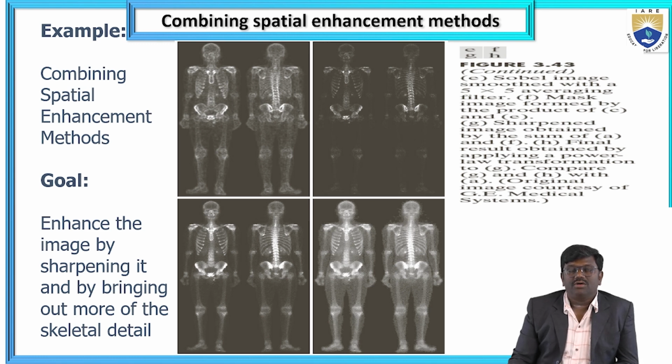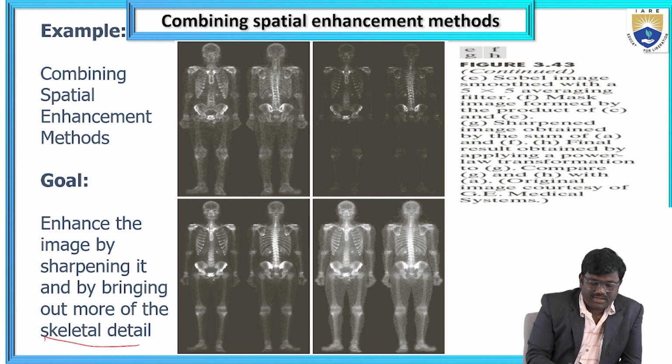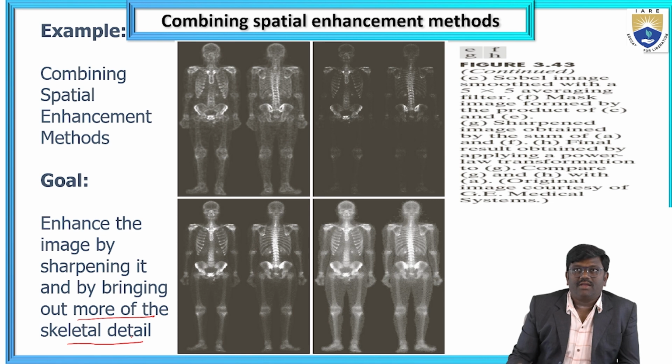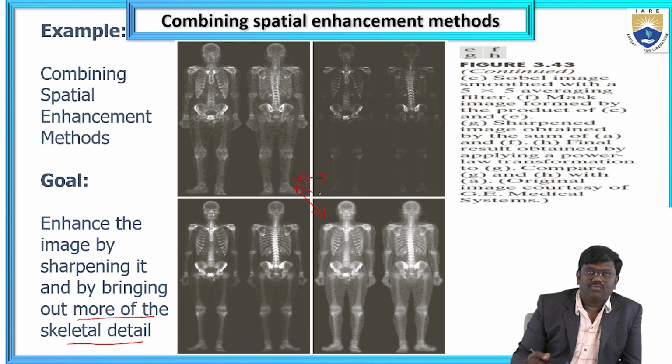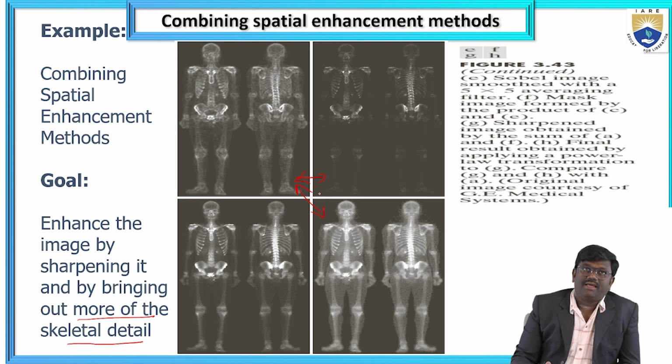We are considering enhancing the image by sharpening it and by bringing out more of the skeletal detail. That is what we are concentrating on here. Such a method can be understood between these two, with the help of the combining spatial enhancement methods.